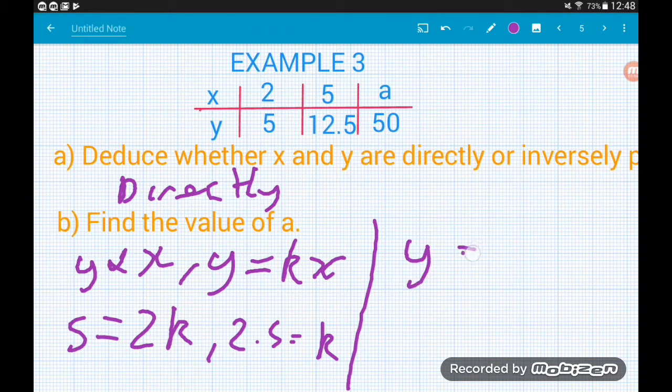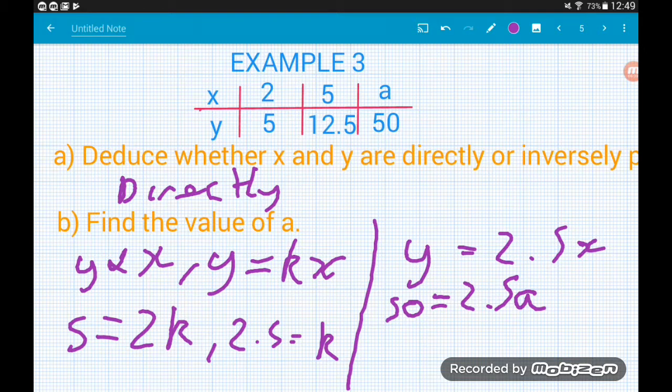We know y is 2.5, whatever x is. So y is equal to 2.5x. Okay, so now we can find the value of a by using our equation. So, substituting the values, we know that y is equal to 50 when x is equal to a, so 50 equals 2.5a.